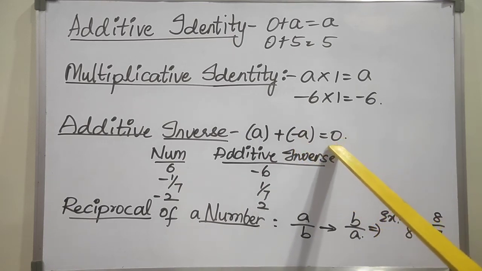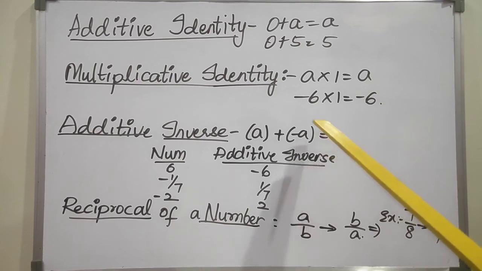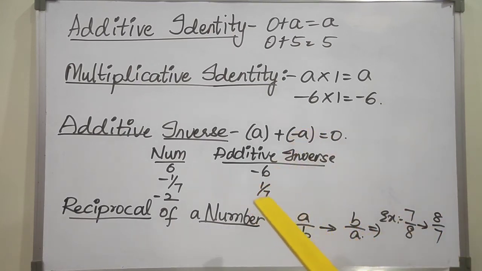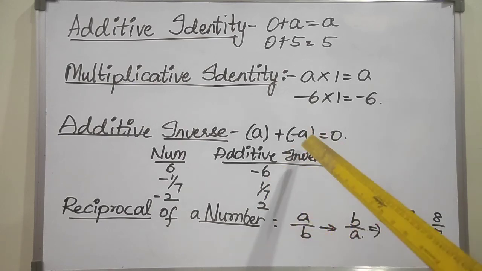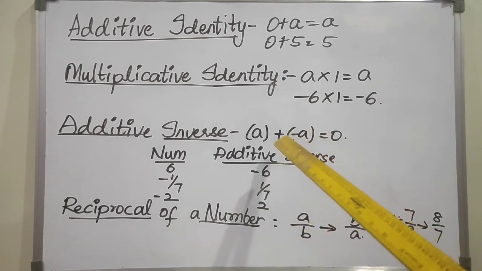What I got here is 0. Right? Now, the additive inverse of numbers like 6 is minus 6, like minus 1 by 7 is 1 by 7, like minus 2 is 2. So we can say that the negative of a is minus a here, which results in 0.